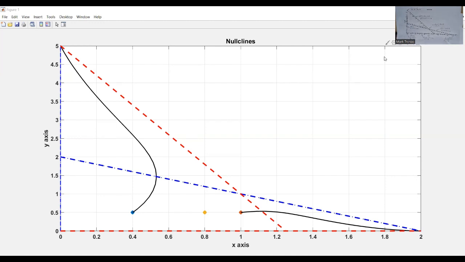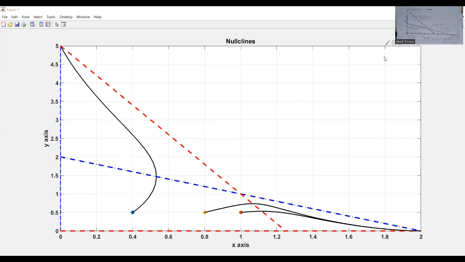And we'll see which region it goes into this time. Again, it could be the upper left region or the lower right region. And this time it went into the lower right region and headed towards the critical point (2, 0).